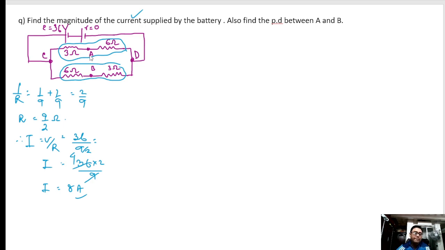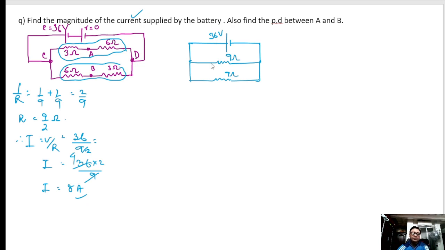So see, the upper resistance is, if I draw it like this, this is 9 ohms, this is 9 ohms, 36 volt. Okay.